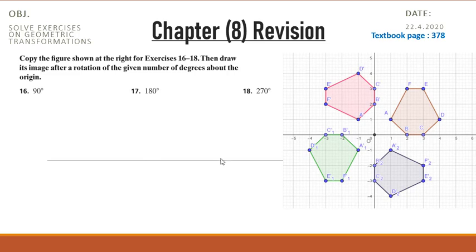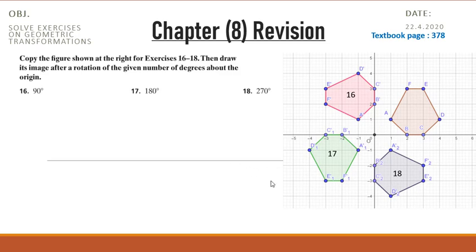Use GeoGebra again. This is for number 16, 90 degrees, and this is the original one, of course. The brown is the original one, and this red is number 16. This green is 17, and 18 is this black or gray one.